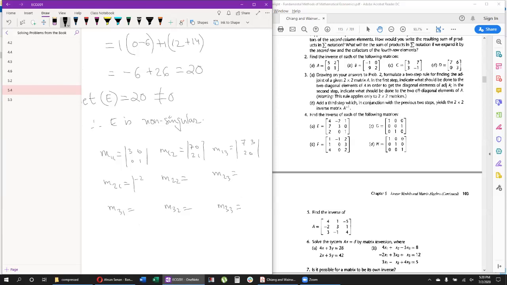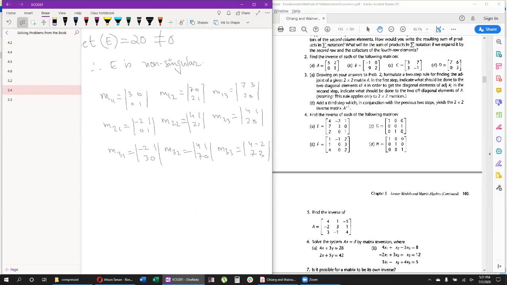M21 gives us minus 2, 1, 0, 1. M22 gives us 4, 1, 2, 1. Sorry for my untidiness. This should be a bit more stretched out, but hopefully you all can understand what I'm doing. M31 is minus 2, 1, 3, 0. M32 is 4, 1, 7, 0. M33 is 4, minus 2, 7, 3.